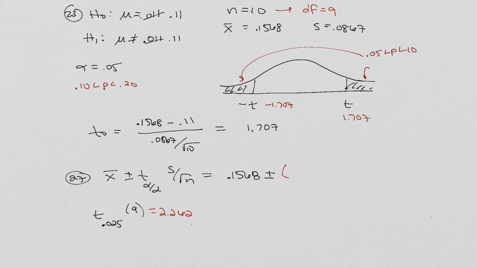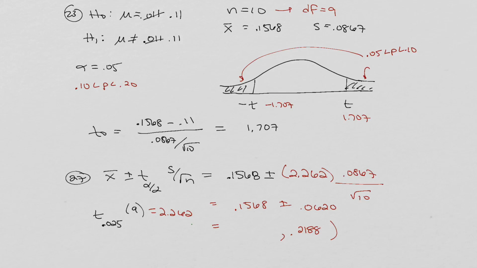So let's go back up here and plug that in for this particular t-score. Right? S was 0.0867 and N was 10. Right? So this is 0.1568 plus or minus, let's see, and you multiply all this stuff together, gives you 0.0620 is what it rounds to. Right? So to get my upper bound, let's just add these together, which gives me 0.2188.